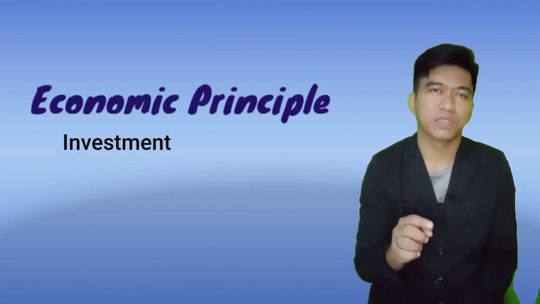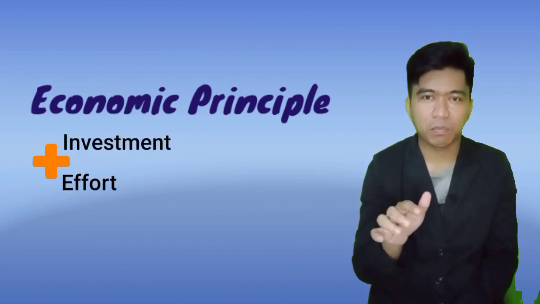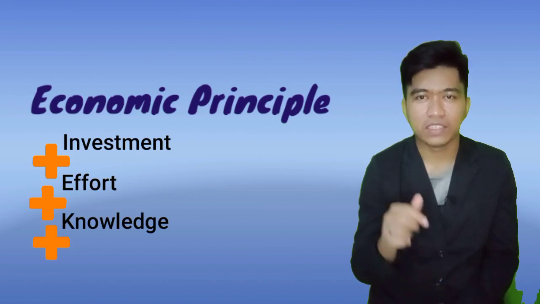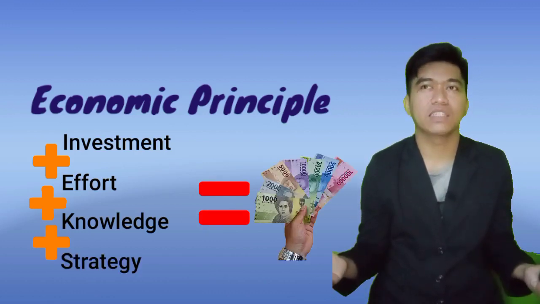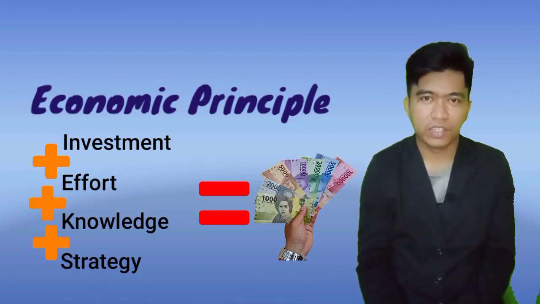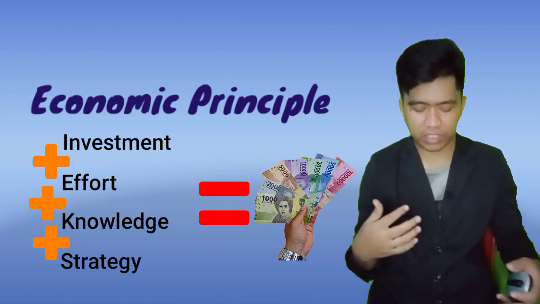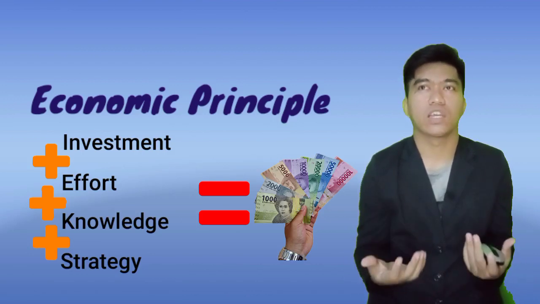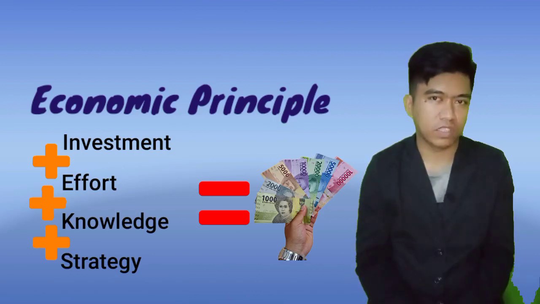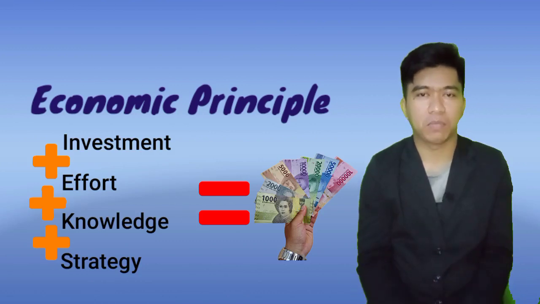It is investment plus effort plus knowledge plus strategy equals profit. Well, that can be the least formula that I share, because there are a lot of other aspects that are actually required when you want to get some profit on an economic basis.